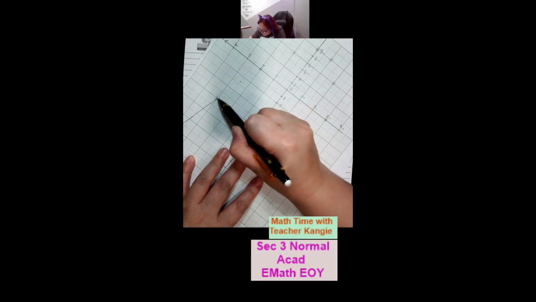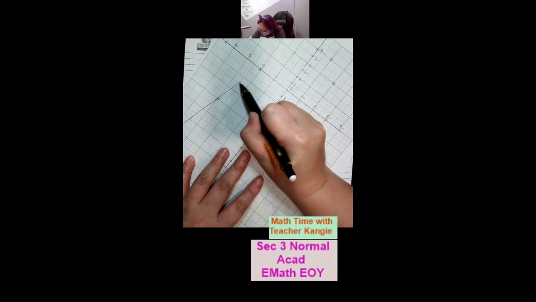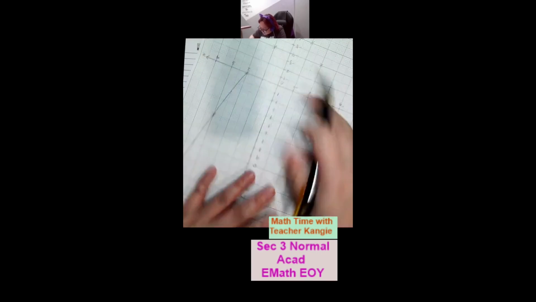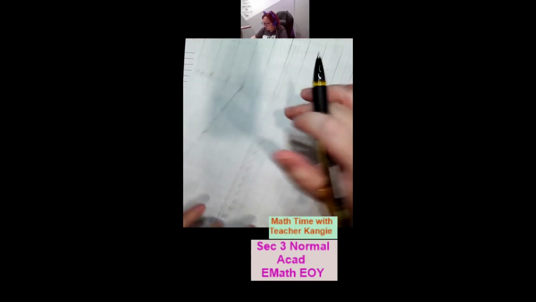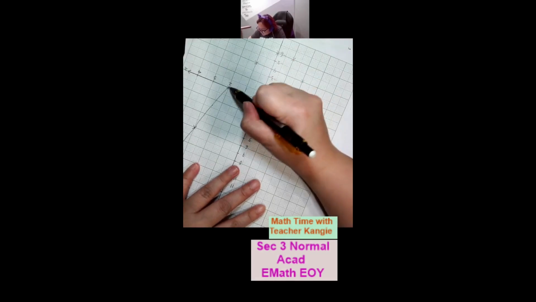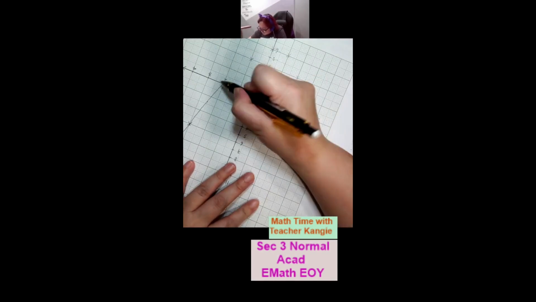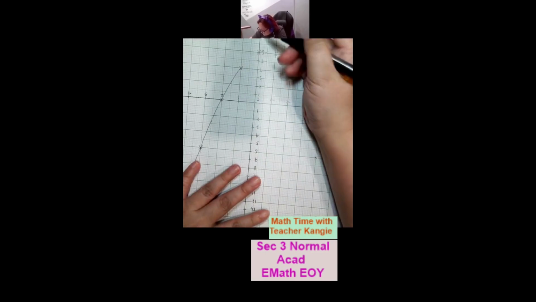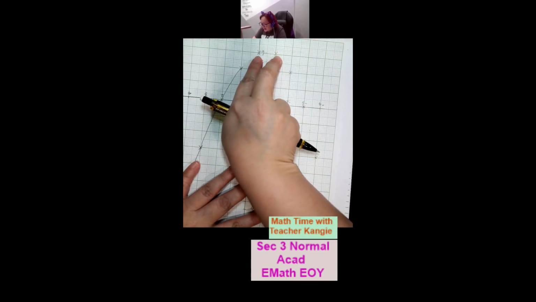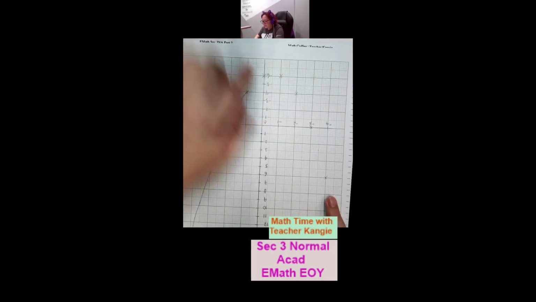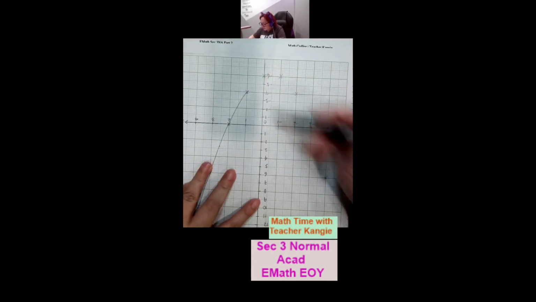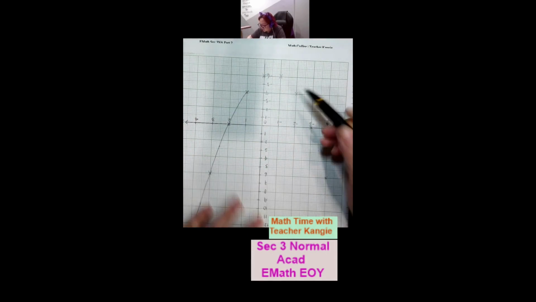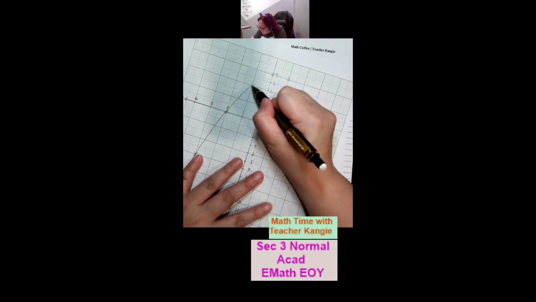Not perfect, because I'm drawing it live. Okay, so now here, I'm going to get this one. You can see, you already predict that the middle is here. So you will know that it will look like that. Okay, so I'm going to move this now.